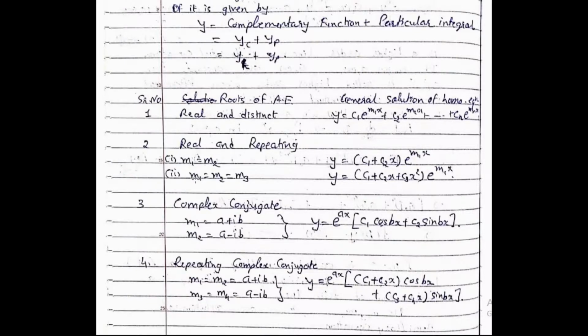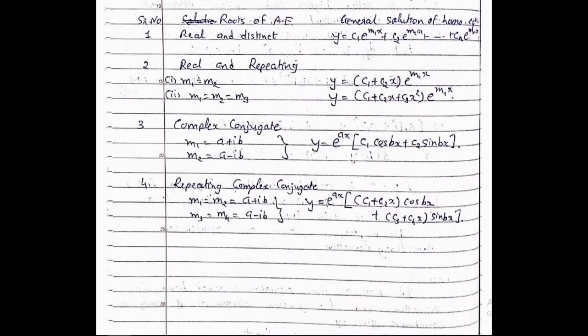See, these are the cases for real roots. But suppose you have a complex root, then in that case there are two possibilities. Either you have a non-repeating complex root, then one root is a plus ib and the other root is a minus ib. If you have a complex root, then they are always in the form of pairs, a plus ib and a minus ib.